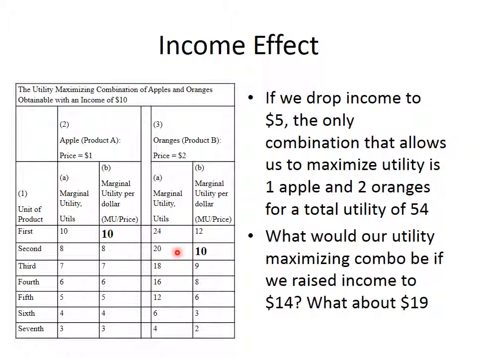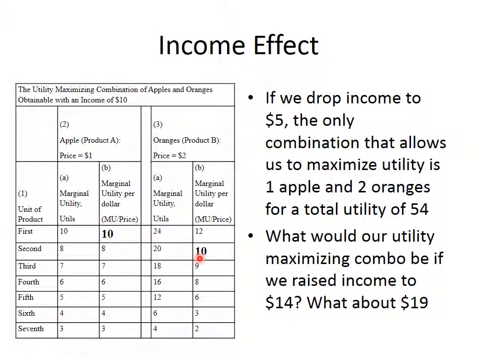We have to get 20 benefit units from oranges. This is because ultimately what this means is that apples, rather than oranges, apples are a better value for your dollar. For each dollar spent, okay, one apple gives you the same marginal utility for each dollar spent as 2 oranges. Okay? And so that's balance.